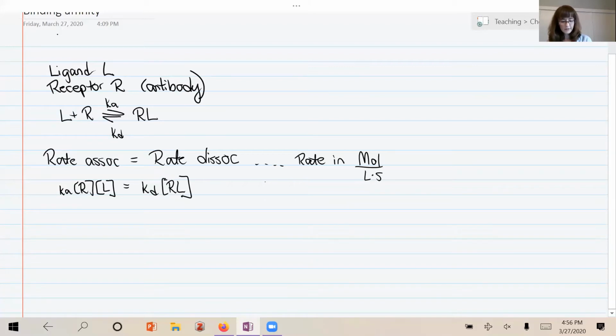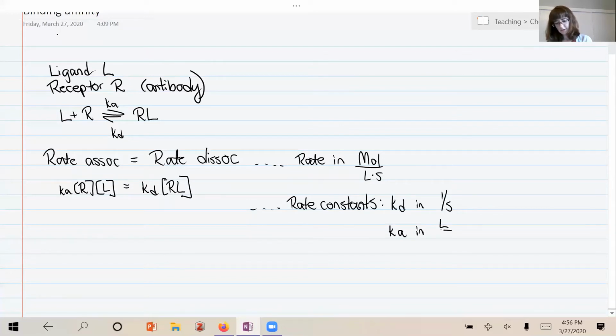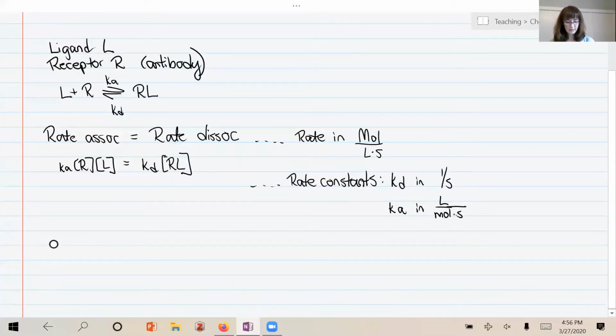The units for the rate constants are what it takes to give you that unit for rate. And so I encourage you to take a moment while I'm writing it and think about what it should be. So Kd should be in 1 per second, and Ka should be in liter per mole second. Okay, and so that's what it takes to get the rates in the appropriate units.